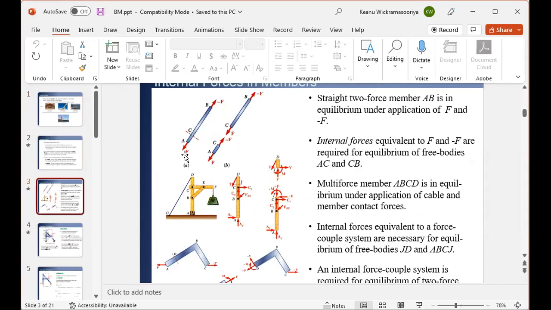You have a column or beam which is represented by A and B, and there are two forces, F and minus F, equal and opposite. So this beam or rod is in equilibrium, right? You have F on this side and F on the other side. So it is in equilibrium.